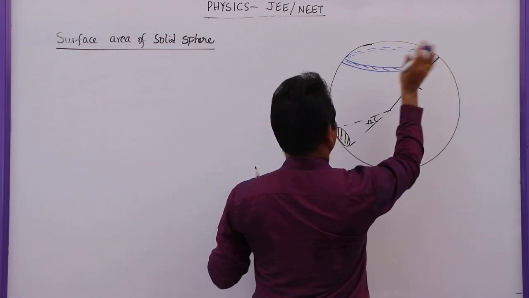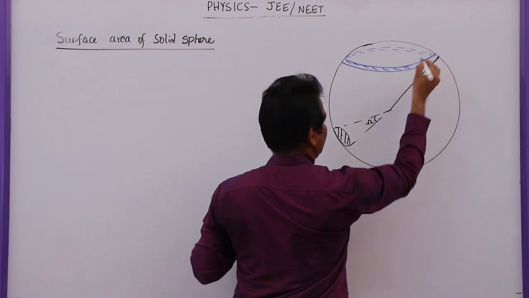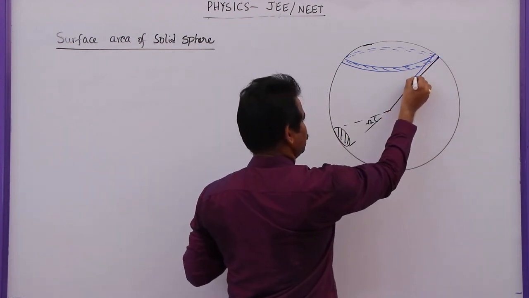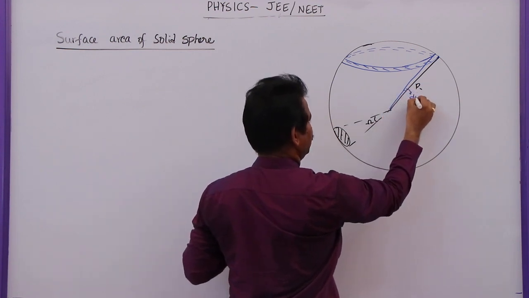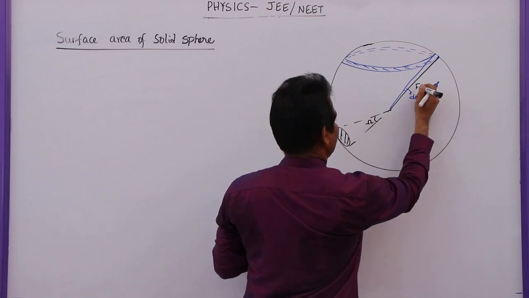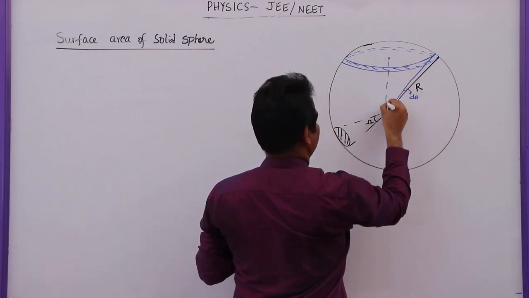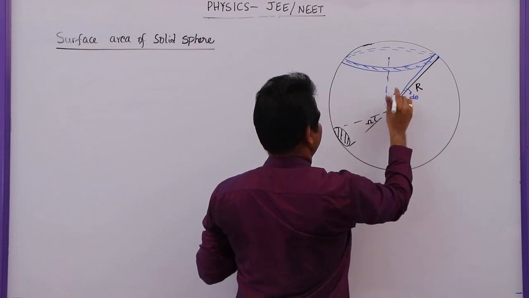I am not showing that one, I am going to denote it with a dotted line. Now this small strip will make some angle here. Let me take this angle as d theta, this radius r, and from the center let us say this angle be theta.